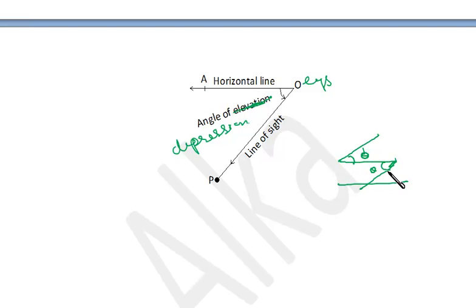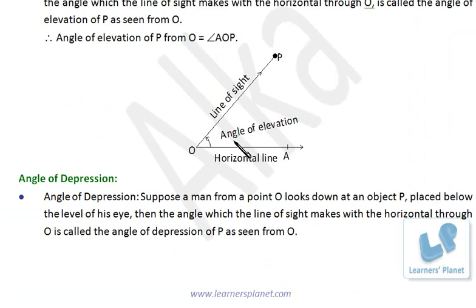So this angle and this angle will be the same. They are known as alternate angles, right? So they will be the same. That means the angle of elevation and the angle of depression have the same value, right? But the angle of depression forms when we look down, and the angle of elevation forms when you look upward.